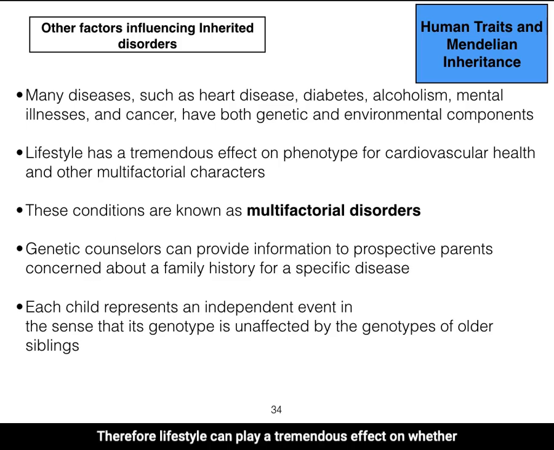Therefore, lifestyle can play a tremendous effect on whether one presents with the phenotype of a disorder. This is truly the case in a lot of cardiovascular conditions. So these conditions that are impacted by both genetics and environmental components are known as multifactorial disorders because both the genetics and the environmental factors play a role in the phenotype.